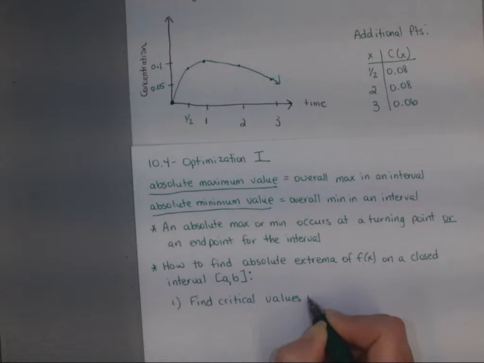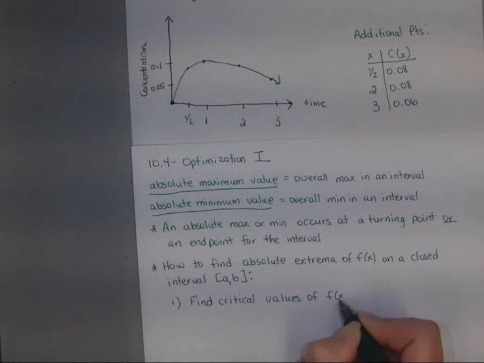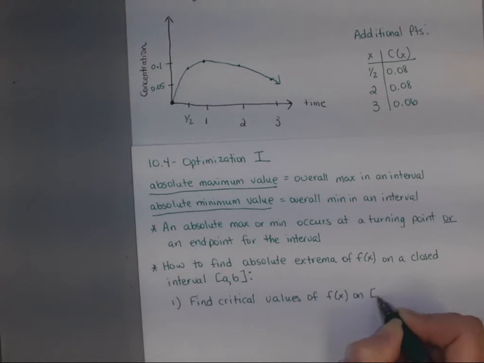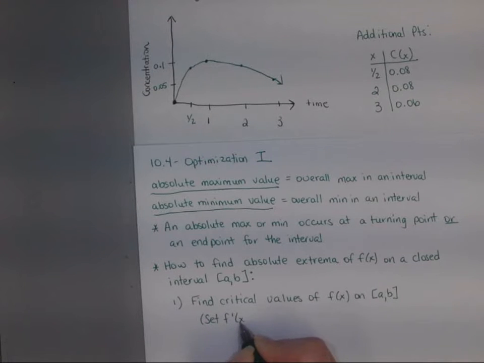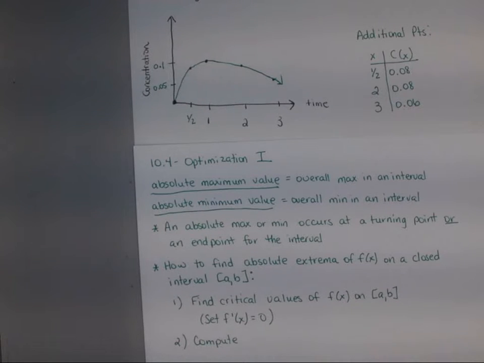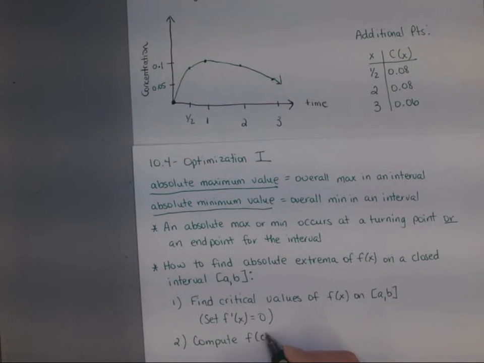Do y'all remember how we find critical values or what they are? They are any time the first derivative is equal to what? 0. Number 2, once you find all the critical values, you're going to compute f of c.